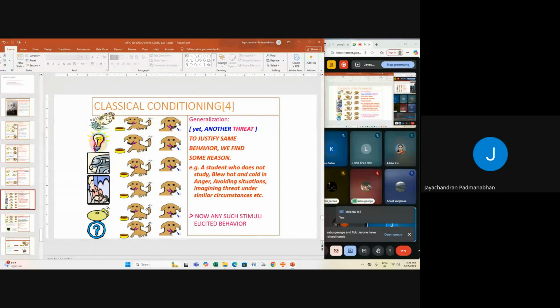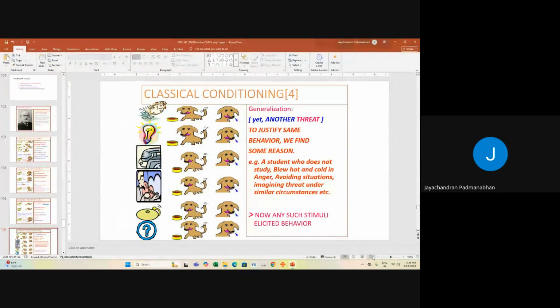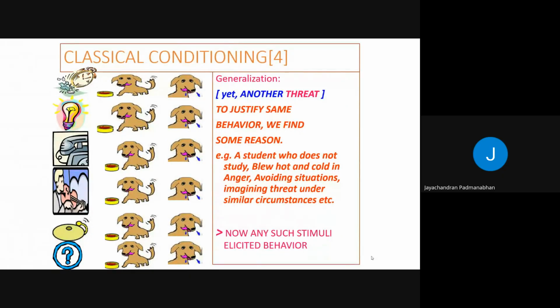Now, the fourth one: the second major threat in changing the behavior is generalization. You try to justify the behavior. His experiment was that in addition to the ringing of the bell, a timepiece, light, and many stimuli were used.